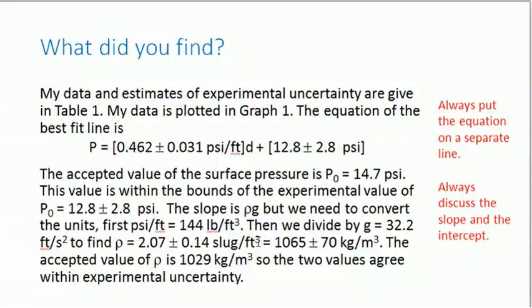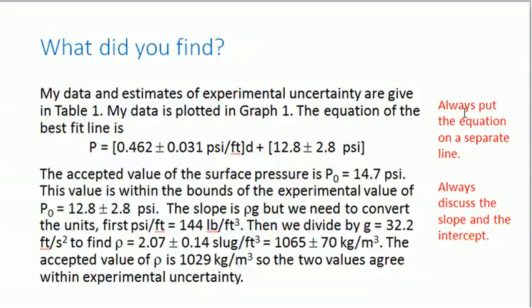And in common units, that's mass per volume. And you can find the conversion for that, and it works out to 1065 plus or minus 70 kilograms per cubic meter. And again, the accepted value for the density of seawater is in that range. So perfect. We've actually got the numbers and we're agreeing with what we expected.